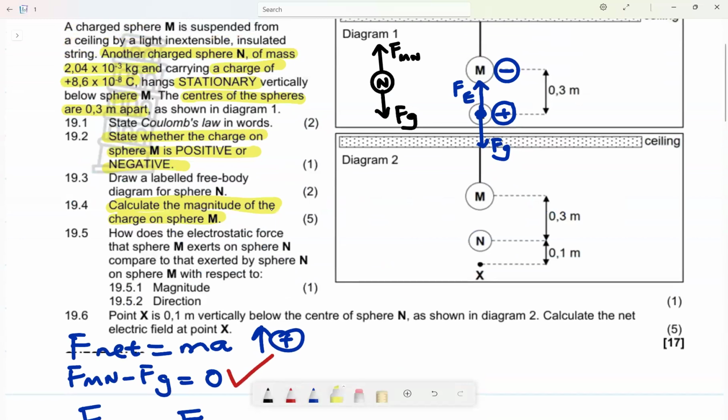Now they tell us, how much does the electrostatic force that M exerts on N compare to that exerted by sphere N on M with respect to magnitude? Okay, let's talk. How does the electrostatic force that M exerts on N?